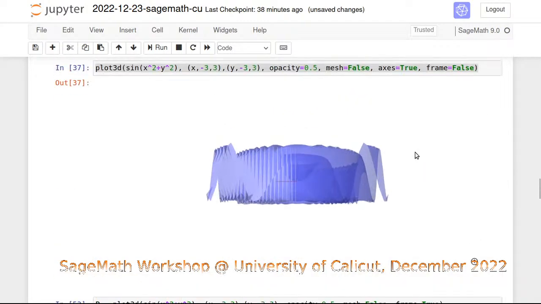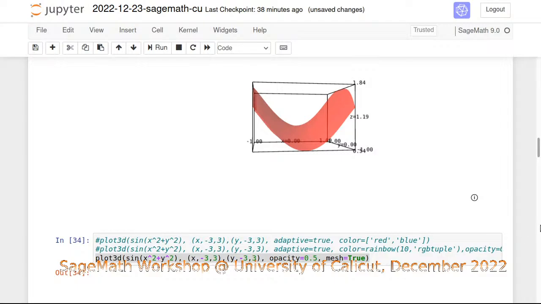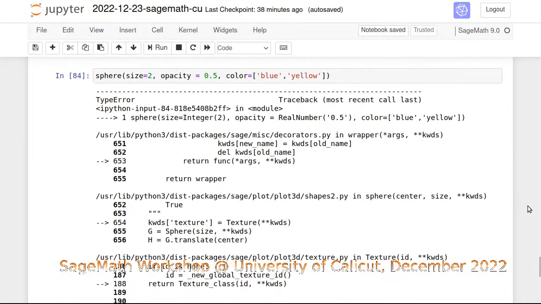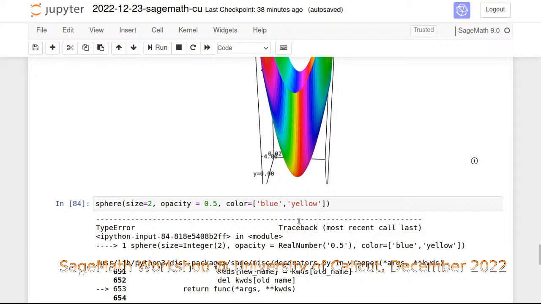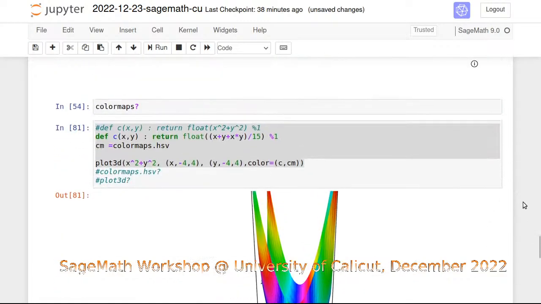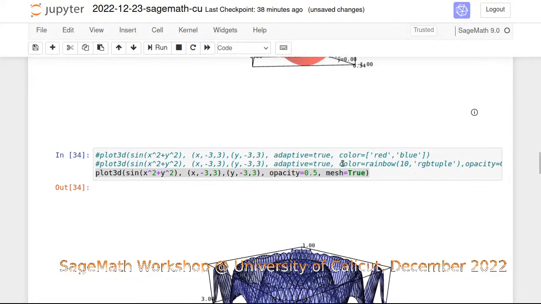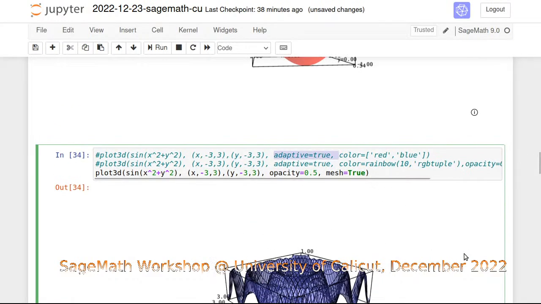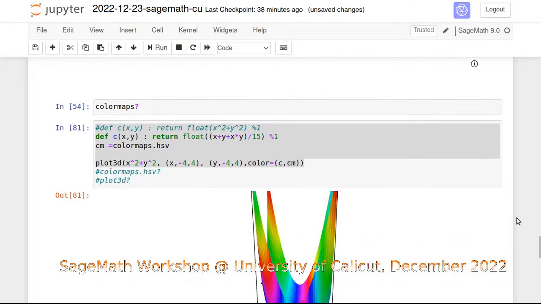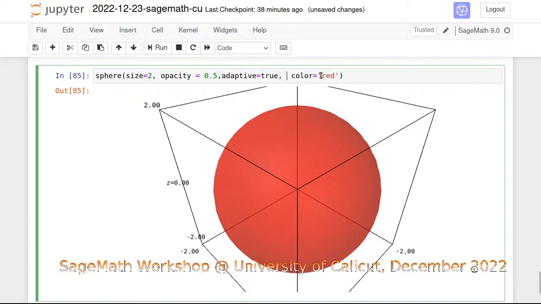Okay, in which way were we giving color? In as a list we were giving. Probably adaptive is equal to true. We may have to again enable it for getting multiple colors. Did we do that there? Yes. So for enabling multiple colors so that they will be distributed in some way, we need to enable adaptive equal to true.